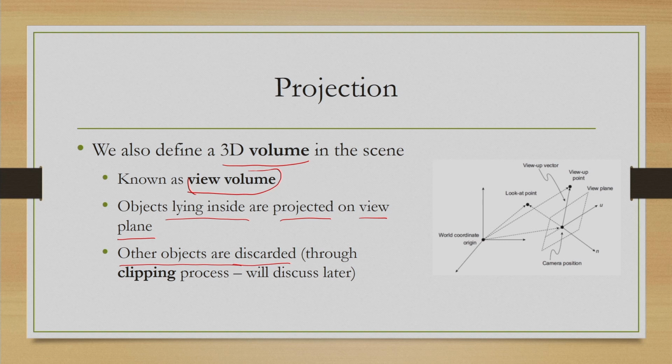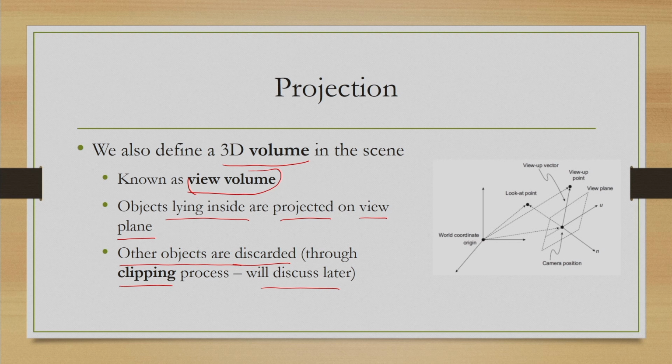Now, this discarding takes place through a process called clipping, which we will discuss in subsequent lectures. So, essentially we have a view plane, within this we define a clipping window, and also in the 3D scene description we define a view volume.